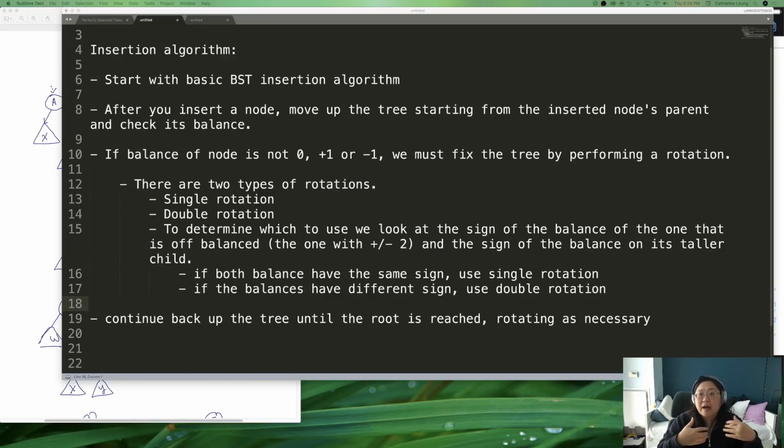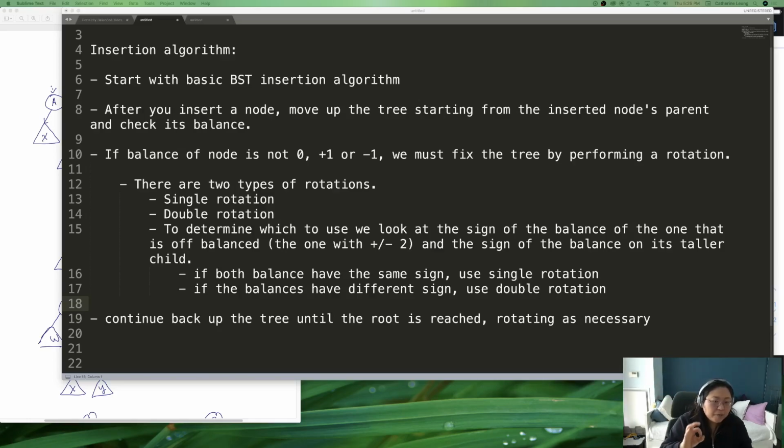And remember that the node's balance represents whether or not the entire tree is height balanced. So we want to check the balances of every node all the way back up to the root, starting with where you had done the insertion, and just work your way up. When you get to the root, you're done.